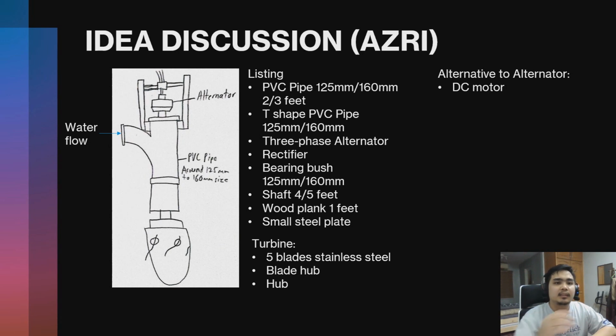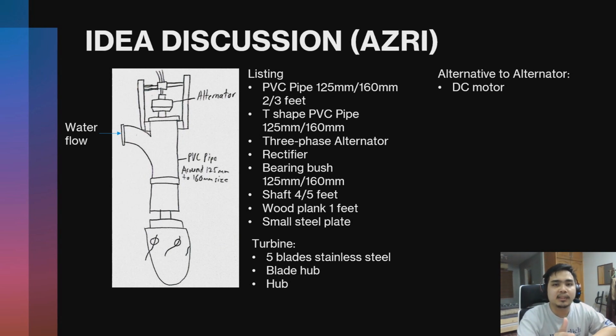For that, my idea was to allow the water to flow at a high flow rate constantly towards the turbine. So this is my drawing for the current idea, which is to use an alternator.